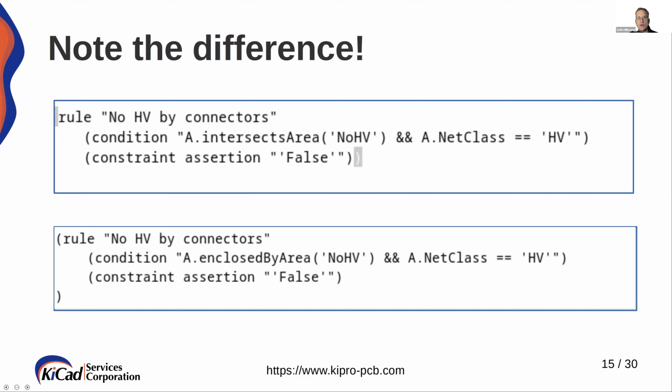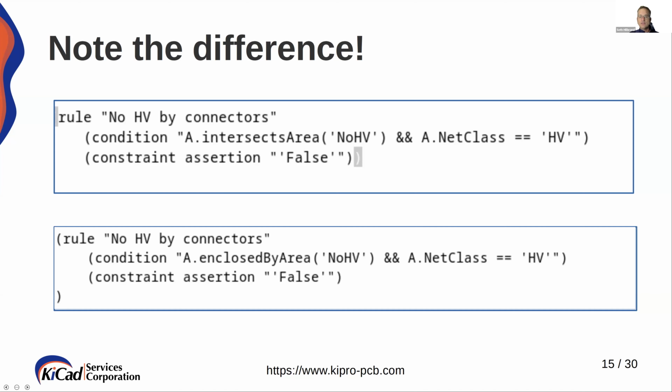So look at the difference here. We have two rules. What is the difference? The first one says A intersects area no HV. And the second one says A enclosed by area no HV.